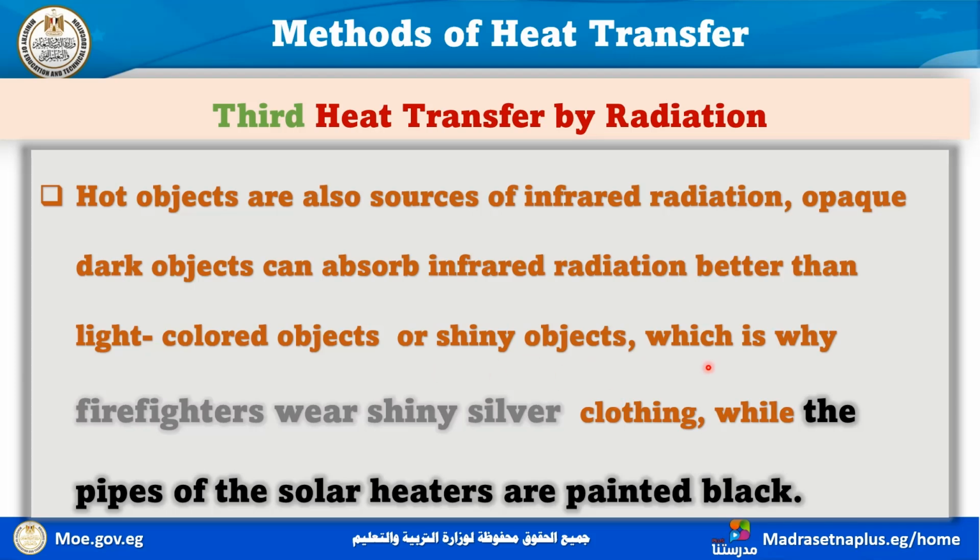And also that is why firefighters wear shiny silver clothing, while the pipes of solar heaters are painted black to absorb more infrared radiation and allow heating up the water.